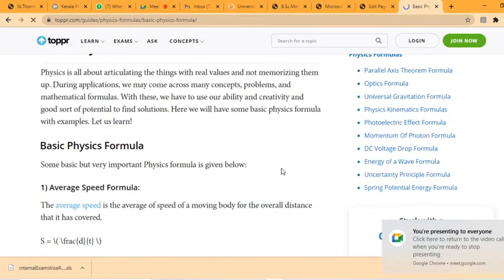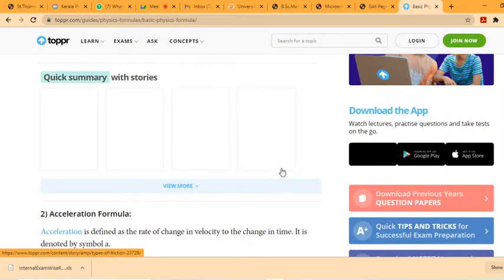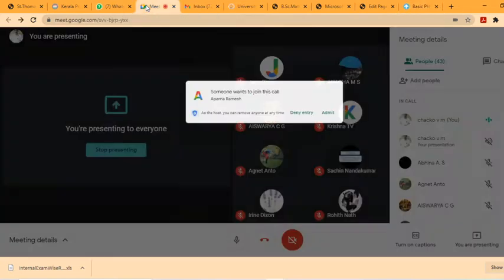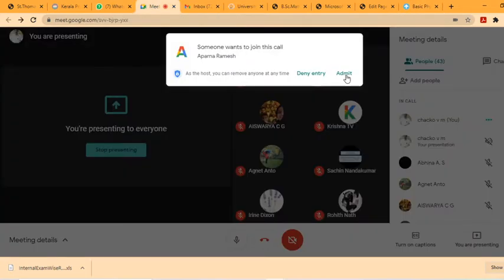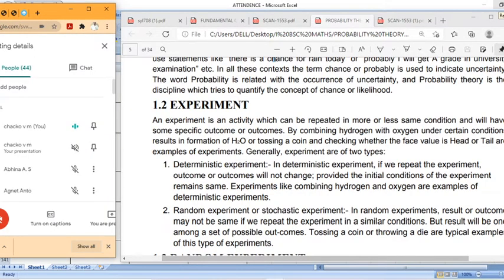Average speed formula. Here we have the average speed formula. Okay, let's just consider the situation of measuring some voltage across a resistor connected between two points.